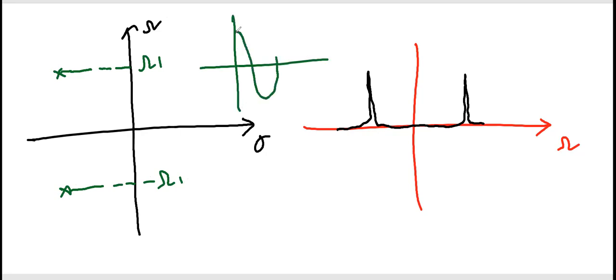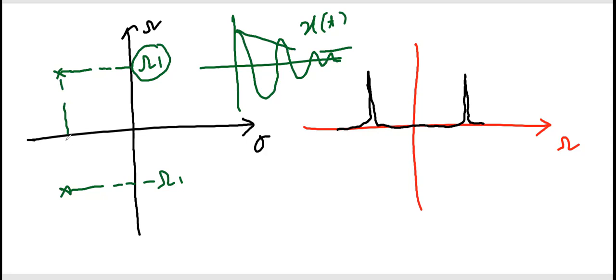This is your xt. What is the frequency? The frequency is omega 1. And what is the damping factor? You can find that this is my damping factor, minus alpha 1.